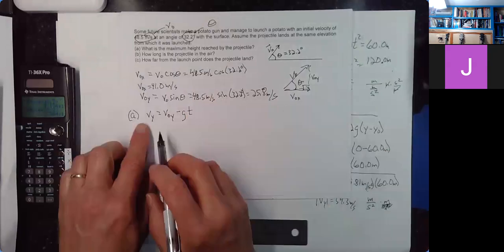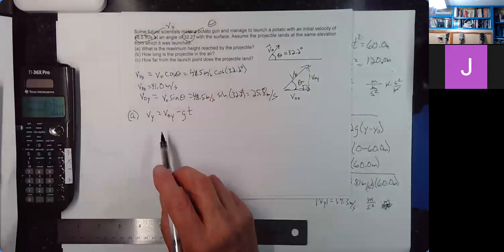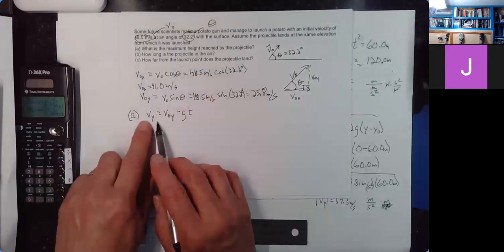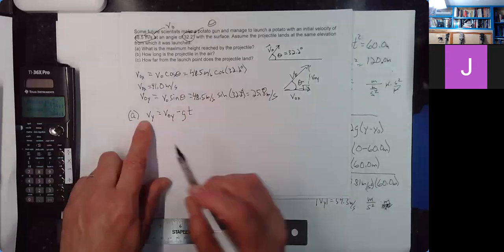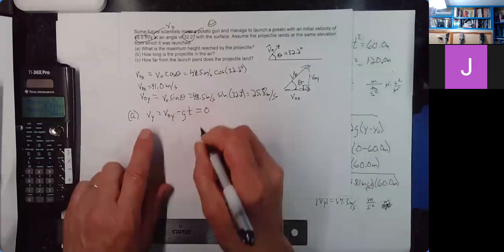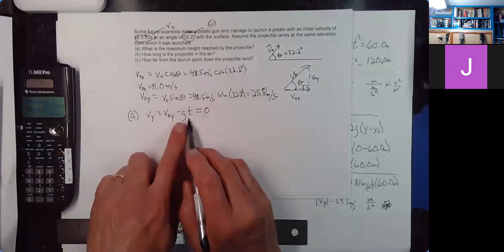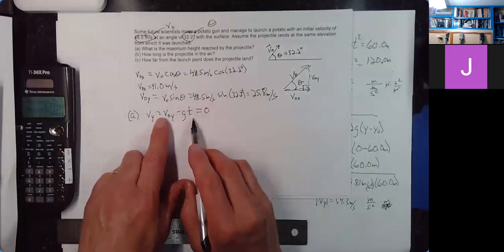It stops going up, and the instant after that, it begins coming down. V sub y is 0 at the high point. And so if I set this equal to 0 and solve for the time, I know v naught y and I know g. I can figure out how long it takes to get to the high point.